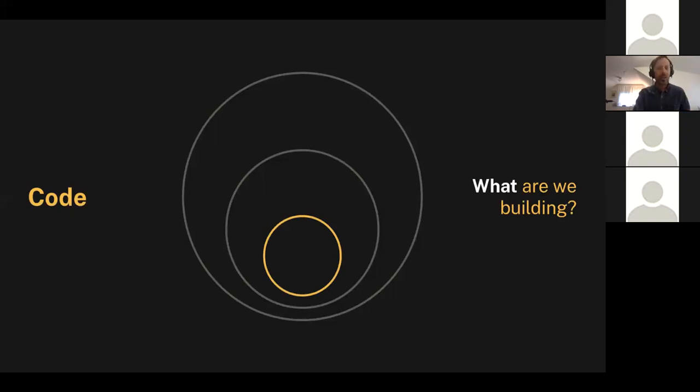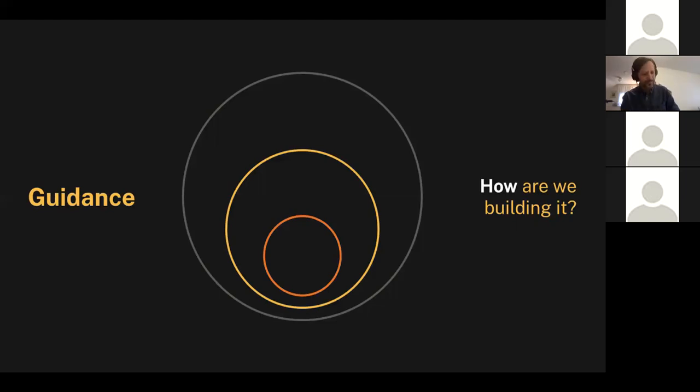What color is it? What's the type size? What is the functionality? And the guidance level helps to say how are we building it? We're building it in a specific way so that it is more usable, so that it meets expectations.